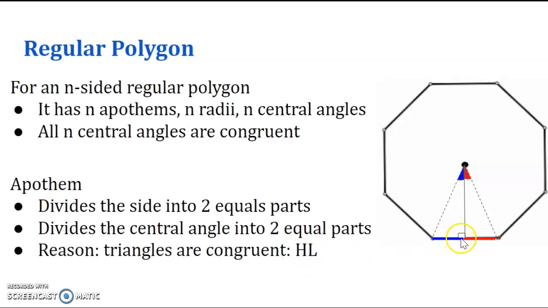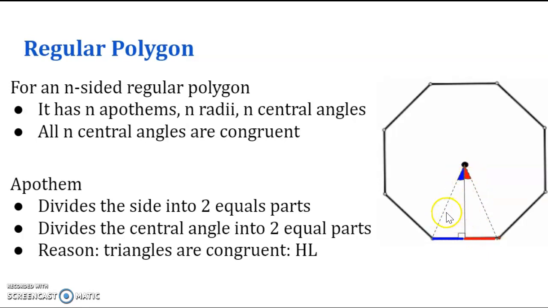And in this case, we do have a right triangle, and we know that H, which is the radius of each triangle, is going to be the same. And the leg, the apothem, is shared by the left triangle as well as the right triangle.